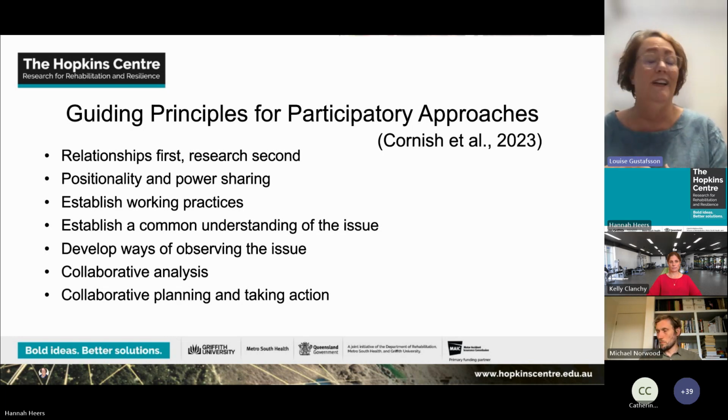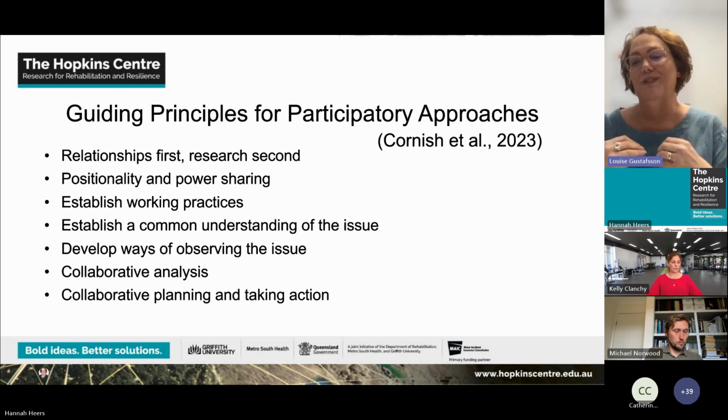If possible, the gold standard is to also conduct the analysis together, but certainly that collaborative planning and taking action and deciding on next steps should be a shared decision. So that's some of the really good principles to keep in mind when you're doing this work.